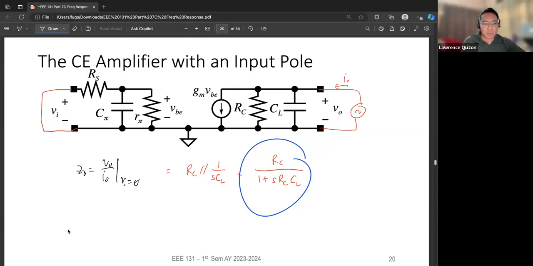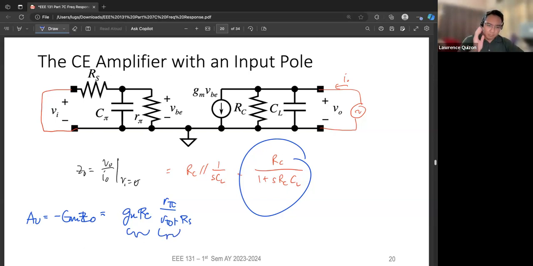And as I mentioned earlier, if you multiply GM and Z naught to try to derive the voltage gain, you will get the same as earlier. So we have GMRC, R pi over R pi plus RS. So this is the original gain. This is the low frequency gain, but affected by the R pi and the RS.